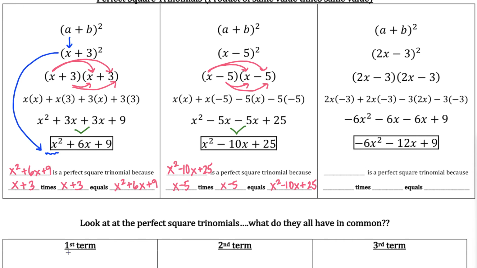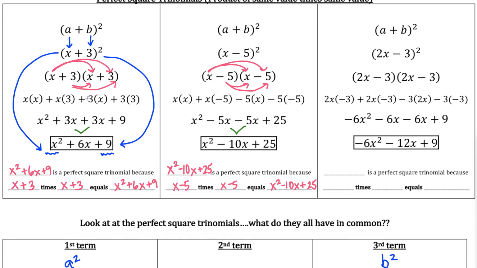This is the same thing. So the first term is a squared. Like before, the third term, well, the b is 3, and we did 3 times 3. 3 squared is 9. So that third term is b squared.